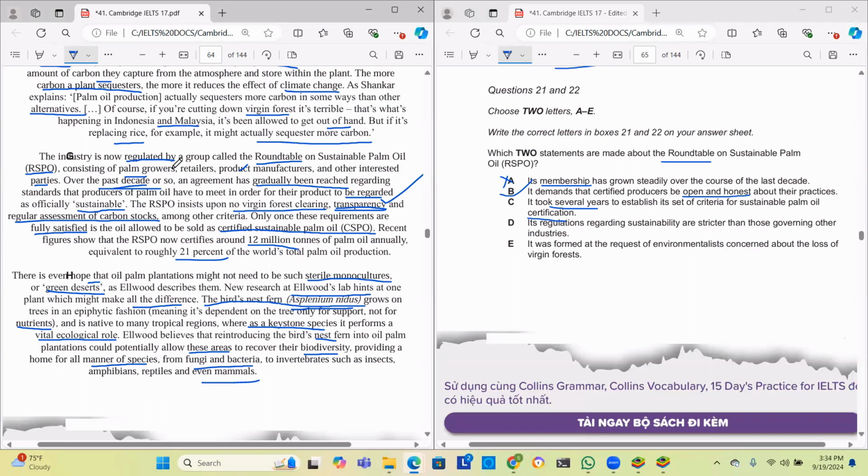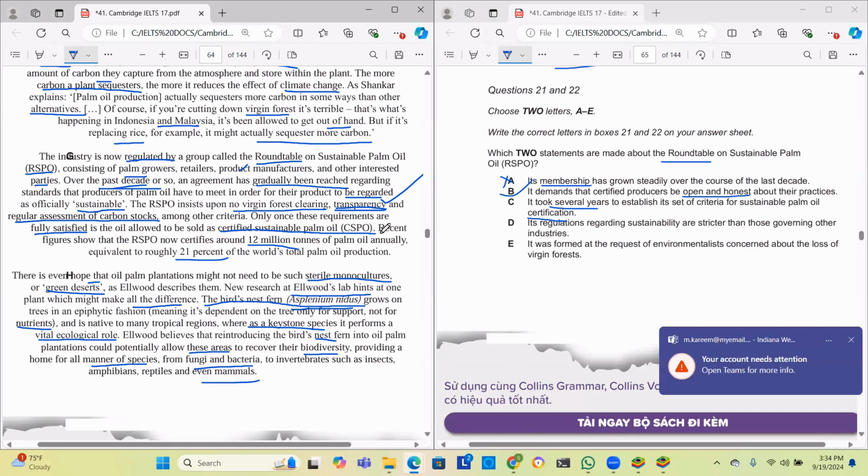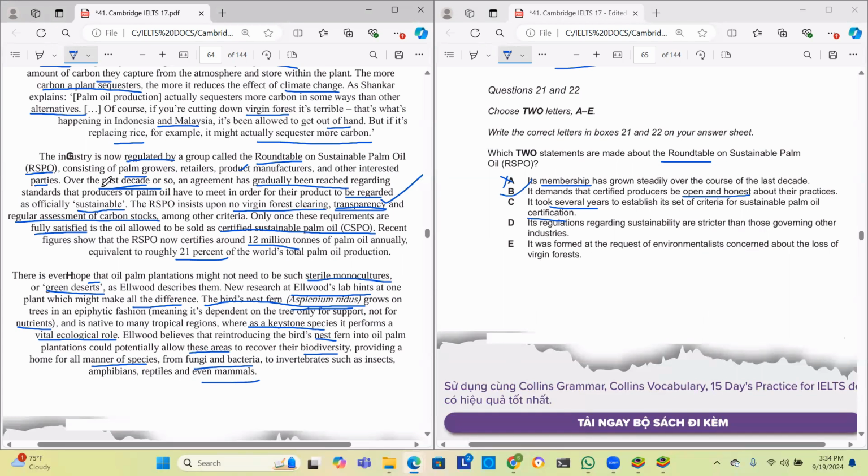Gradually being reached means it is taking a lot of time, over the decade, means 10 years. Gradually means slowly, one by one. Over the past decade means over 10 years, slowly they have built it, right? So it took several years to establish. Yes, I think C is one more answer.